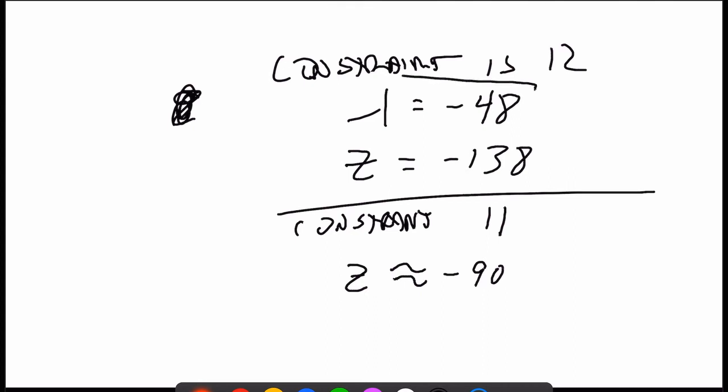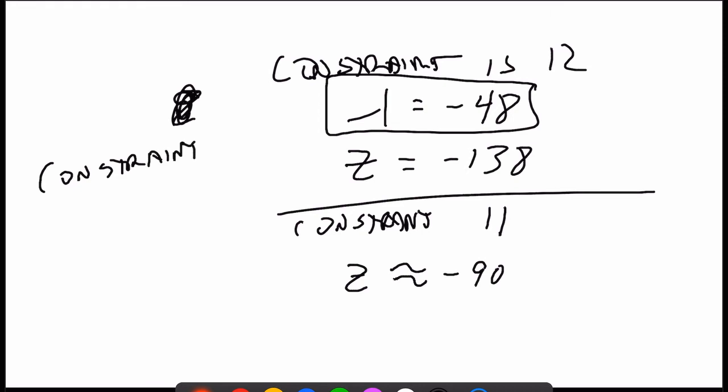It will change. If I make the constraint 13, z should be somewhere, and that's what that squiggly thing means, somewhere around minus 188. Or 186, sorry, 186. Okay, around there.